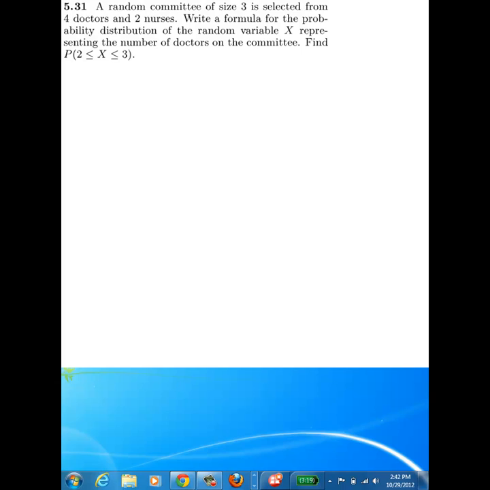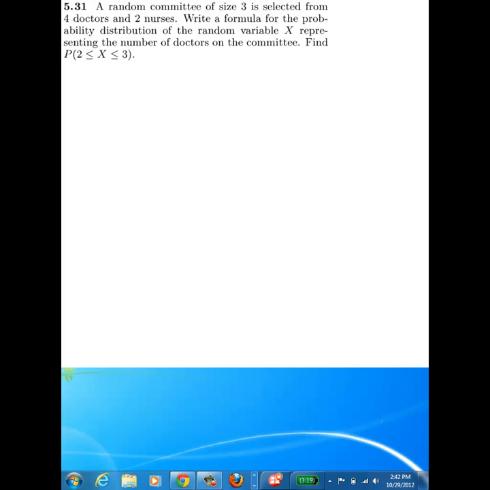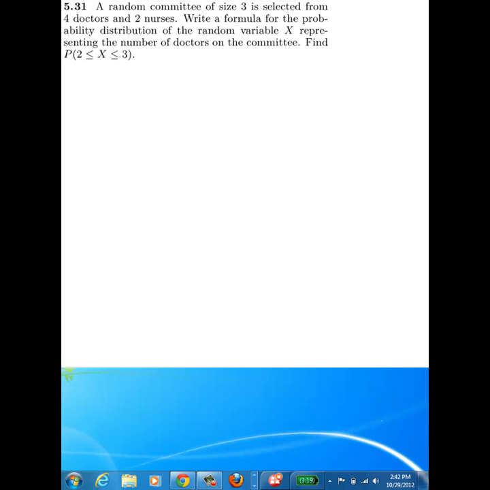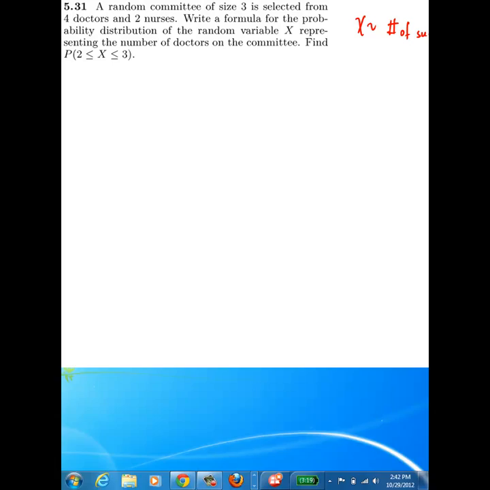So every time you see that you are making an inference from a smaller group, you're basically sampling without replacement. You're taking a small sample from a group and making an inference from that small sample. That's hypergeometric. So in this case, let me write this. X is the number of successes in the sample.